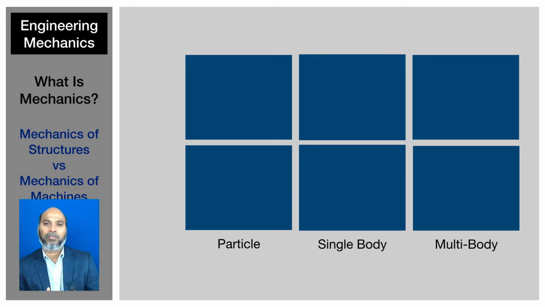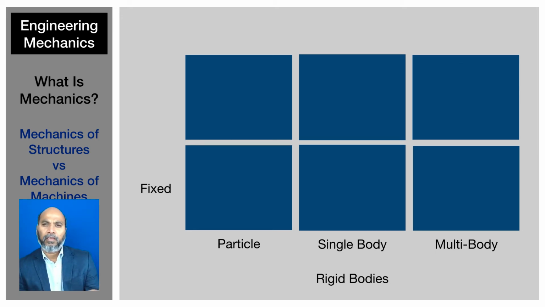So the middle one is about only a single body. There are no other bodies interacting with it. These 3 classifications on the columns are all rigid bodies, by the way. There is no flexible, as in deformable, body, neither is there any fluid here. We're only talking about rigid bodies now, which is in the scope of our engineering mechanics.